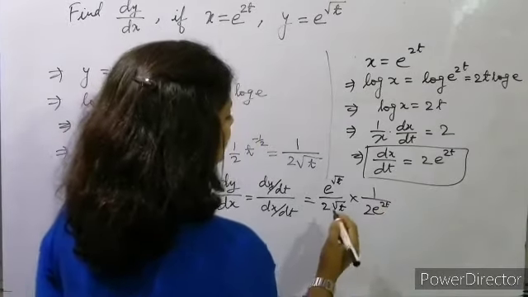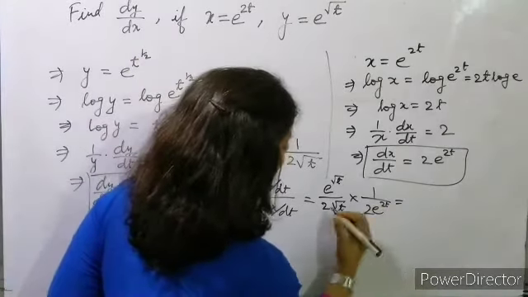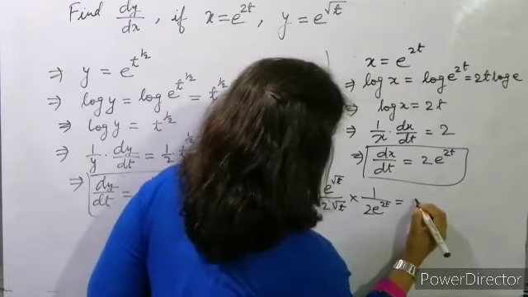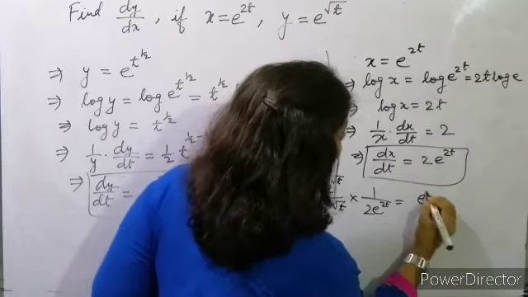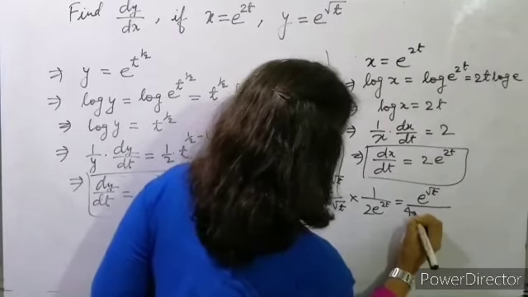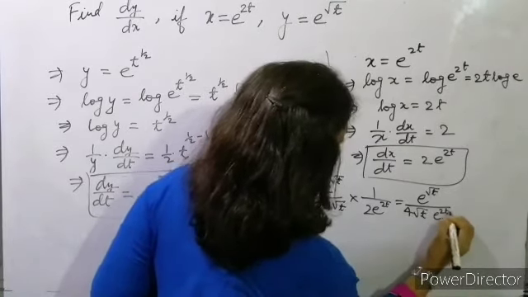So this will be e to the power square root of t divided by 4 root t e to the power 2t.